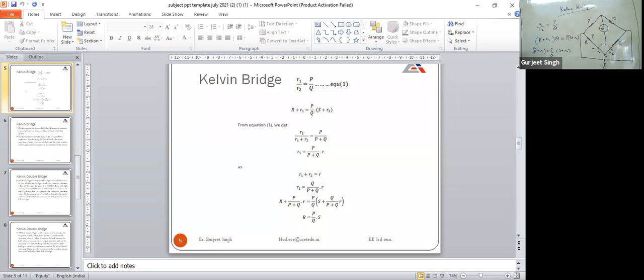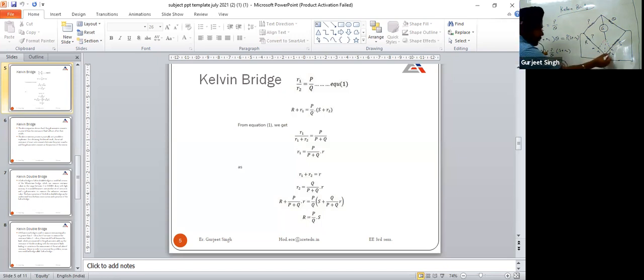When we are solving this equation, first of all I will do the cross multiplication. Then after the cross multiplication, putting the value, first of all R1 plus R2 is the small r, by using this formula.